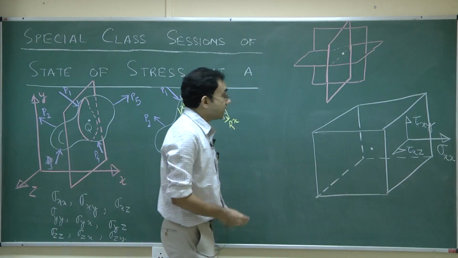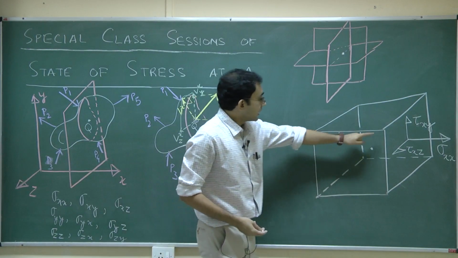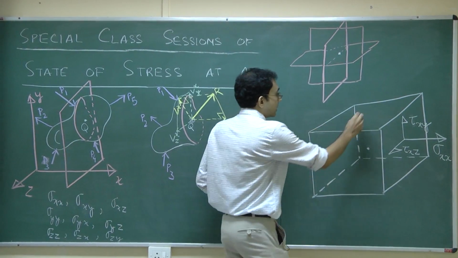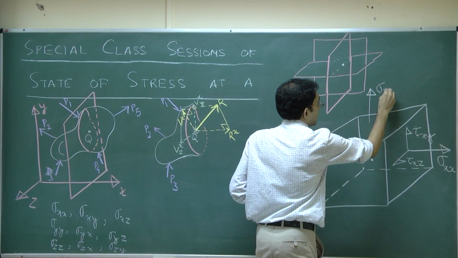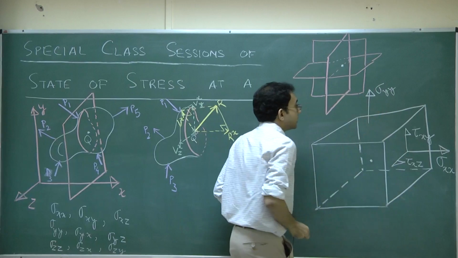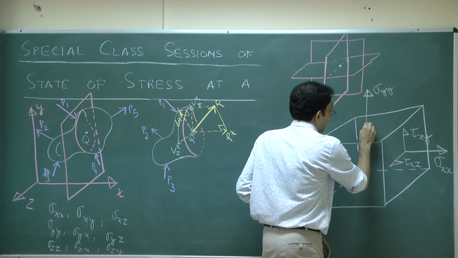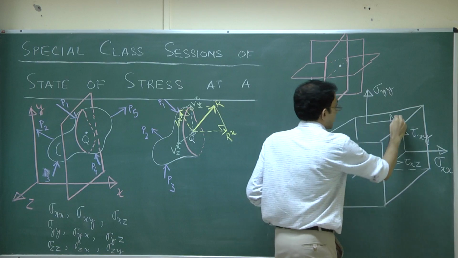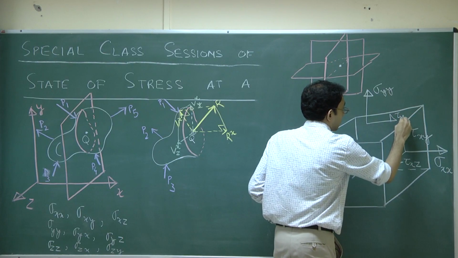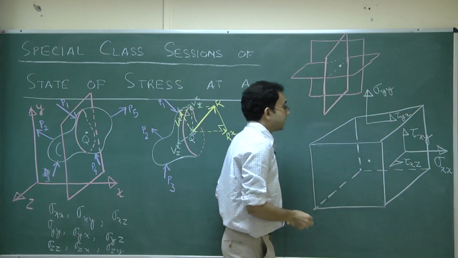All right. In a similar fashion, if we consider this top surface, then the normal stress component here would be represented by sigma yy. We would have another component here. This is the shear stress component given by tau yx.